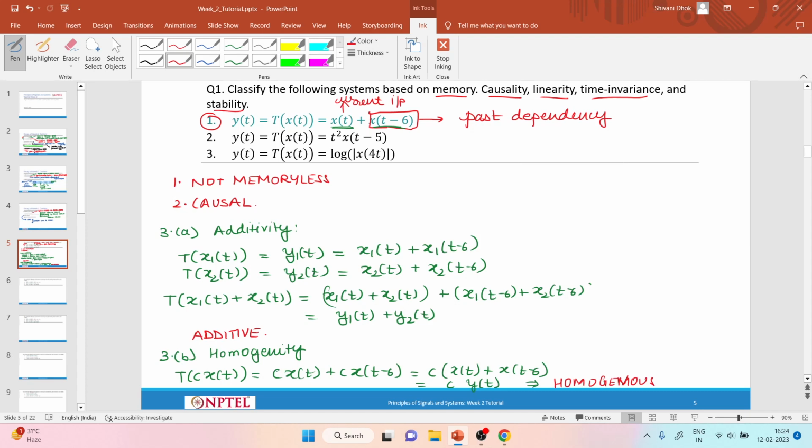Therefore, since the system is homogeneous as well as additive, this system is linear.